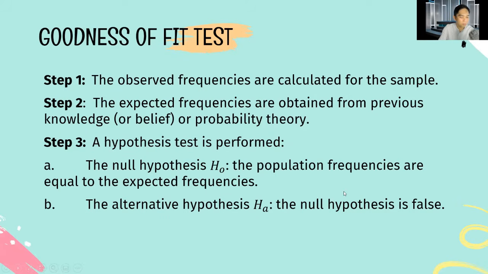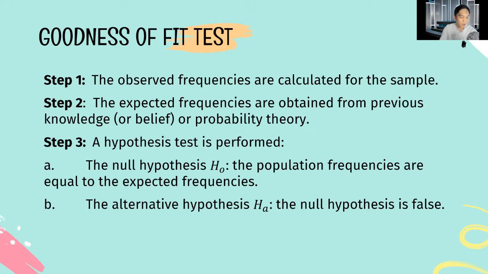Number one, categorical variable. It can be nominal or ordinal. So iisa lang yung ating variable. Number two, independence of observation. It means that there is no relationship between any of the two cases. Next, the groups must be mutually exclusive.